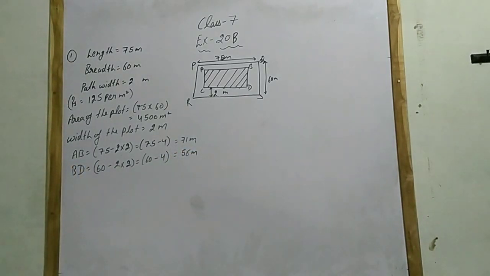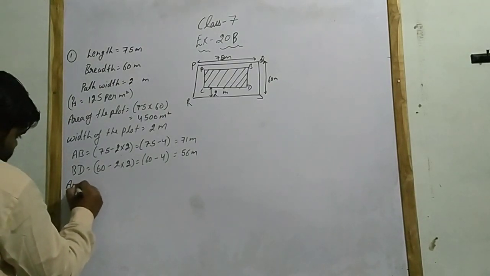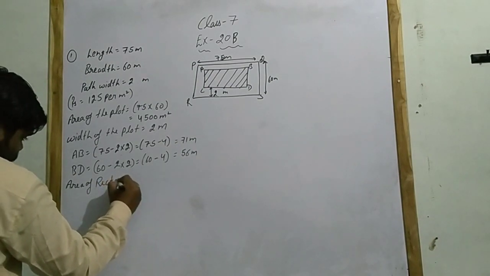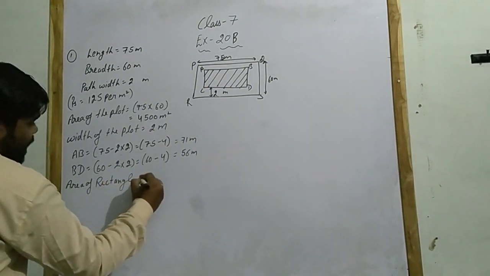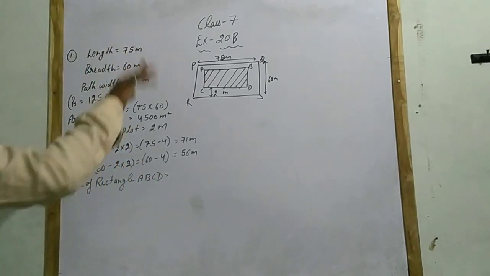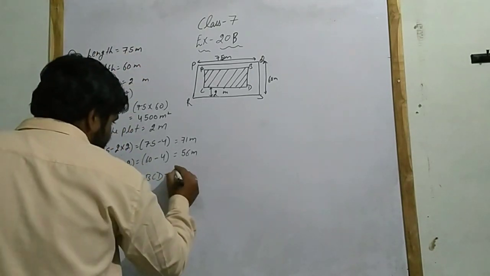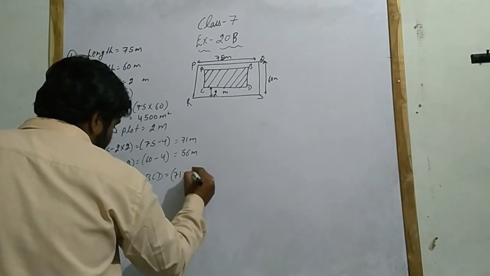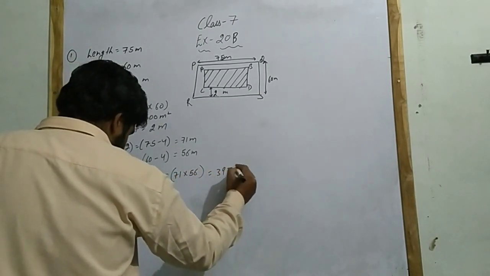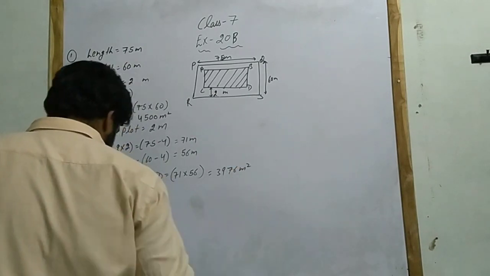Now we will find the area of rectangle ABCD. First we found PQRS, then AB and ABCD. 71 multiplied by 56 will be 3976 meter square.